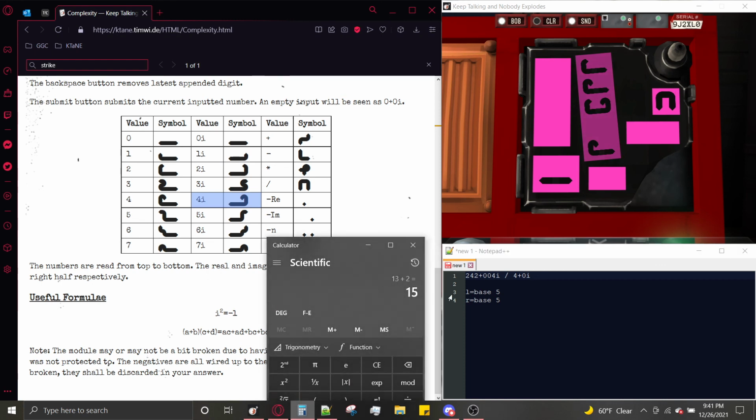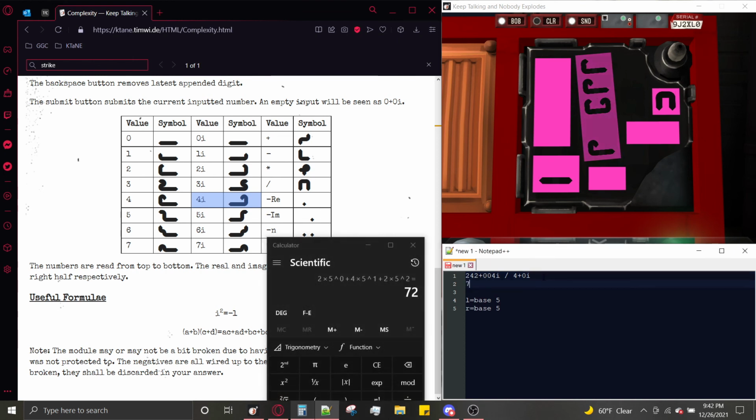So, we're taking 2 times 5 to the 0 plus 4 times 5 to the 1 plus 2 times 5 to the 2, which means the left number is 72, plus, this is really just a 1-digit number, but we had to prepend zeros to make it 3 digits since the left number was 3 digits, so this is just 4i.